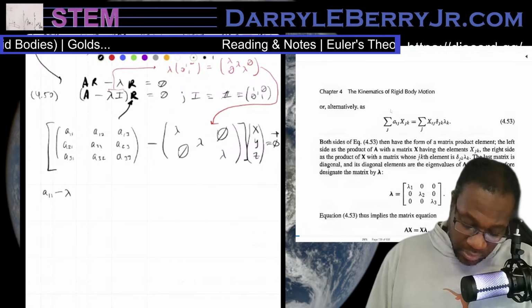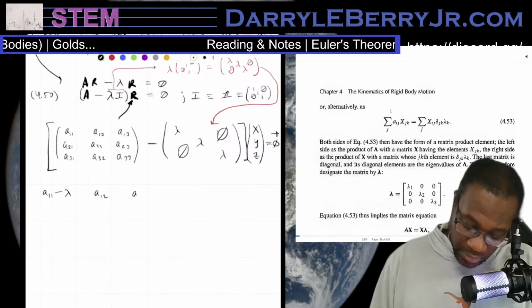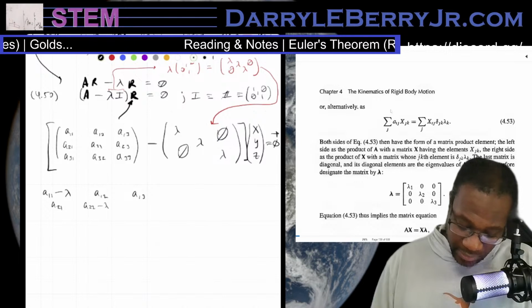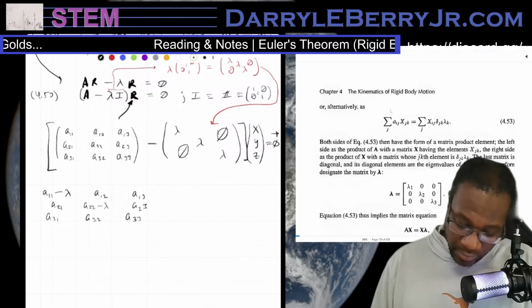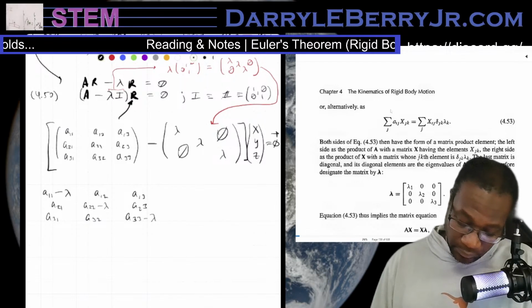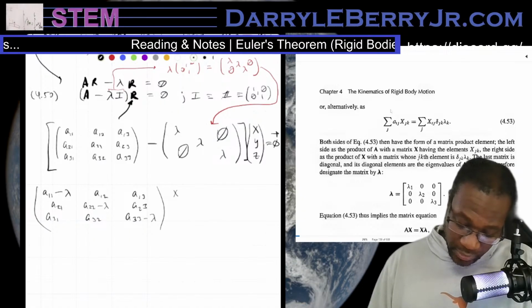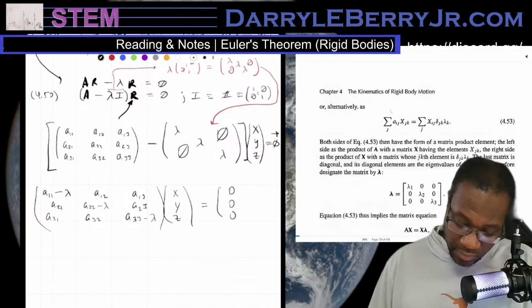So we have a11 minus lambda, a12, a13, a21, a22 minus lambda, a23, a31, a32, a33 minus lambda, times x, y, z, equals 0, 0, 0.